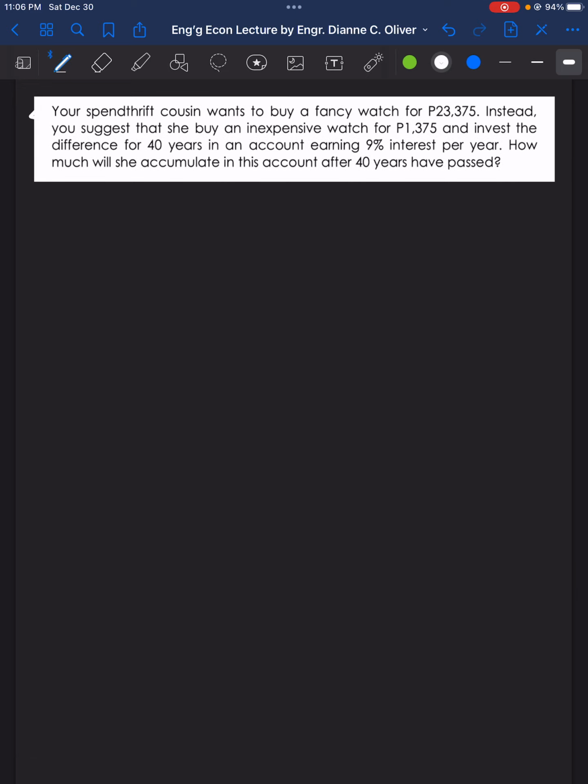So let's go to problem number 4. Your spendthrift cousin wants to buy a fancy watch for 23,375 pesos. Instead, you suggest that she buy an inexpensive watch for 1,375 pesos and invest the difference for 40 years in an account earning 9% interest per year.